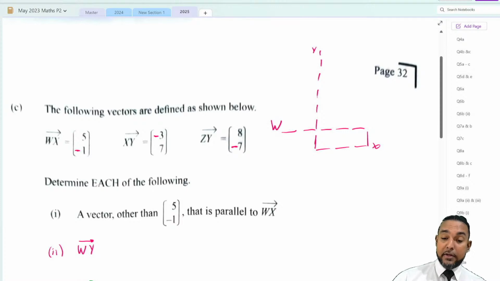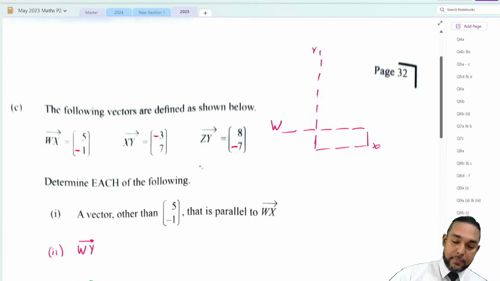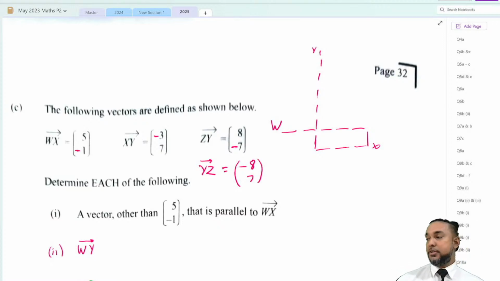And then ZY. Now ZY means to go from Z to Y. So you had to go 8 spaces to the right and then 7 spaces down, which means to go from Y to Z, you have to reverse it. You can inverse any vector by simply swapping the positions, and if you do so, you have to change the signs of each of the components.